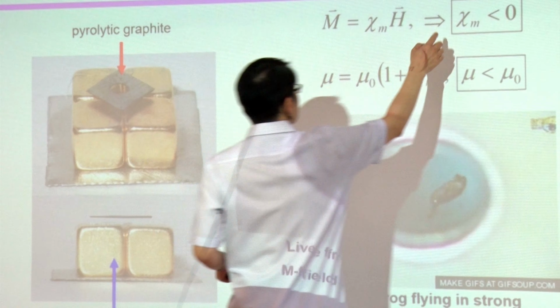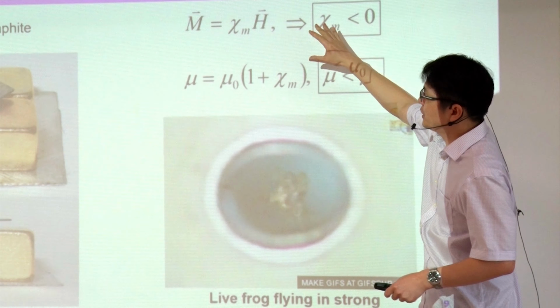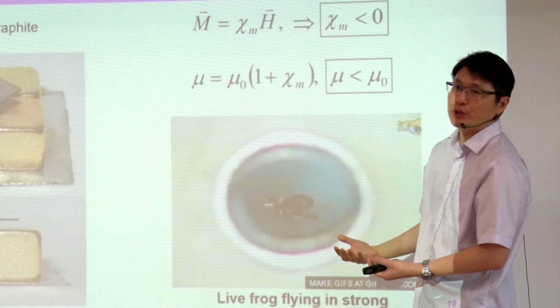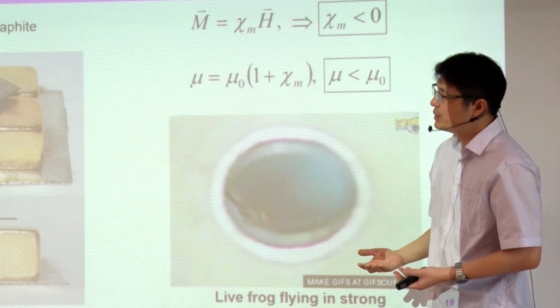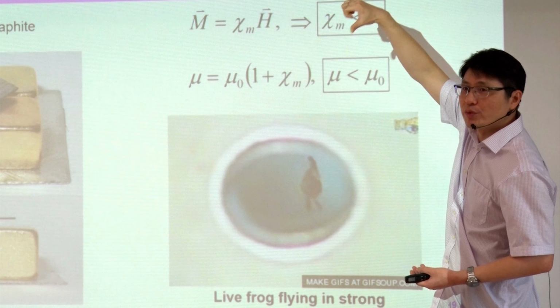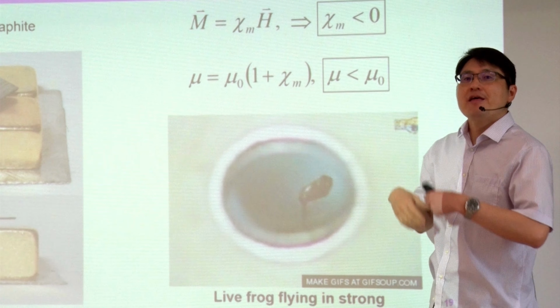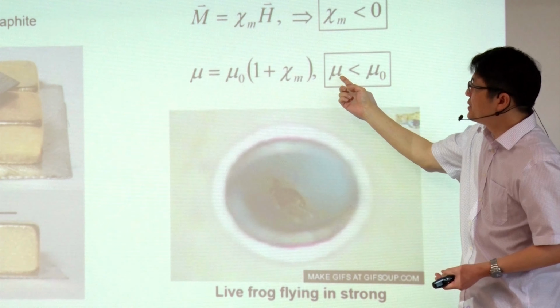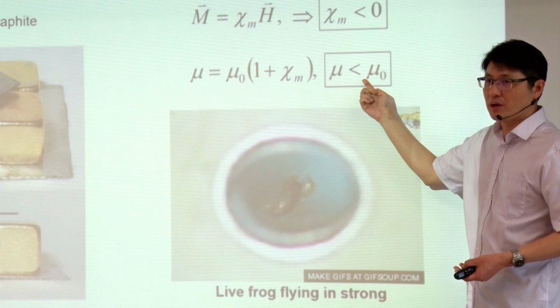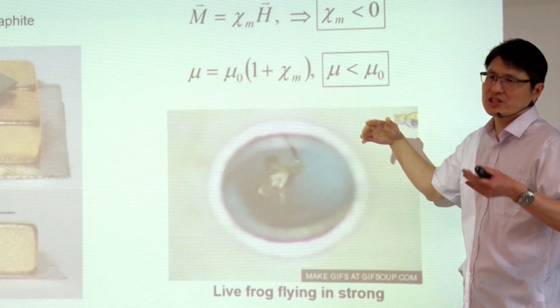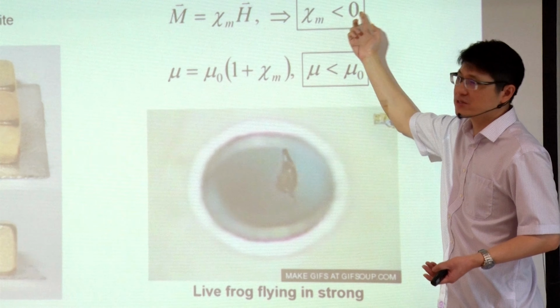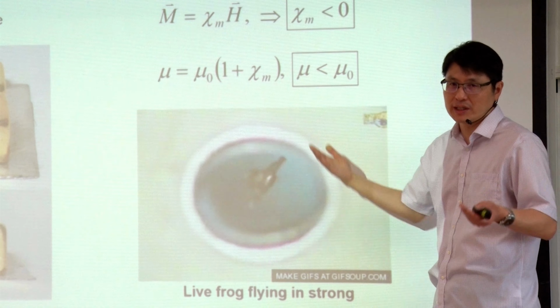So in this case, you do have the ability to generate induced magnetic dipole moments, but in a reversed direction. Therefore, your mu is smaller, it's negative. Basically, chi is negative, so mu is also negative.